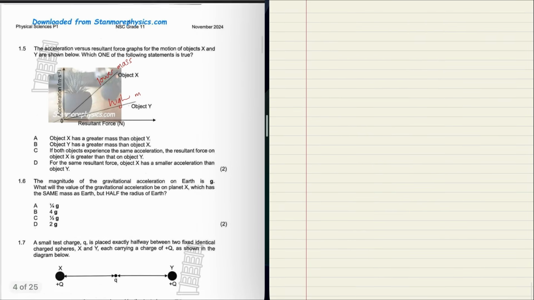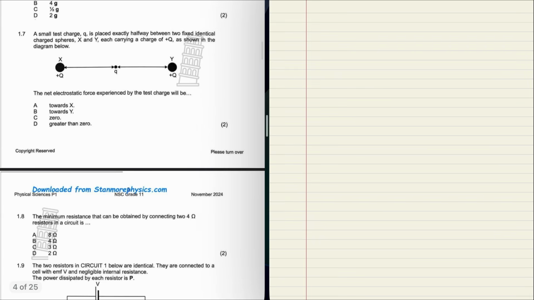Let's take a look at question 1.7. A small test charge Q is placed exactly halfway between two fixed identical charges carrying a charge of plus Q. The electrostatic force experienced by the test charge will be 0.